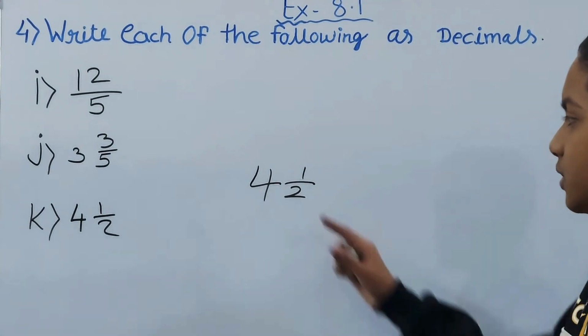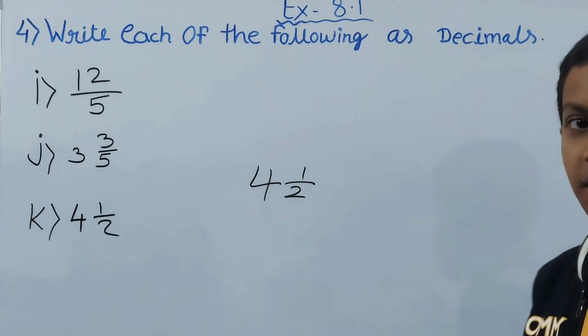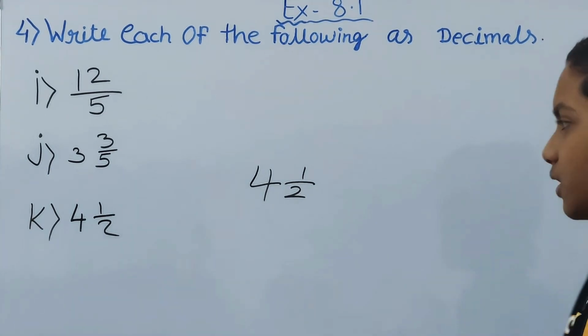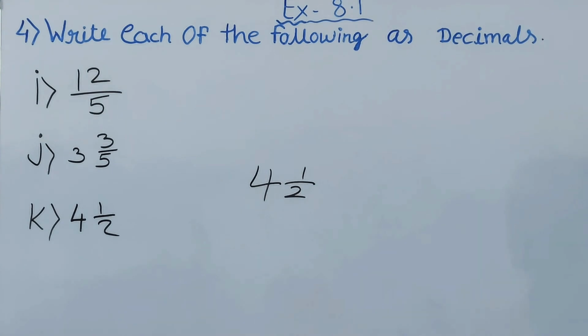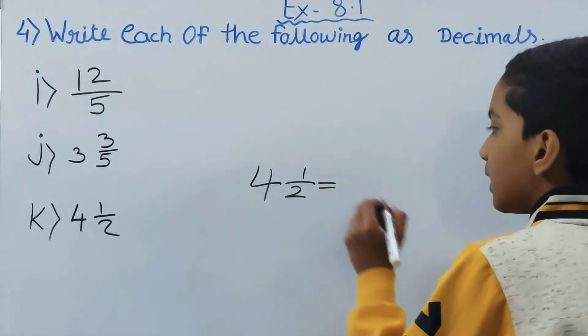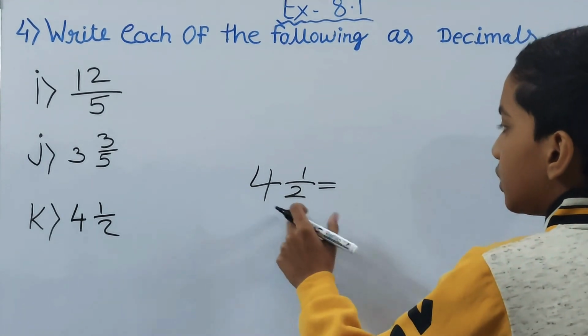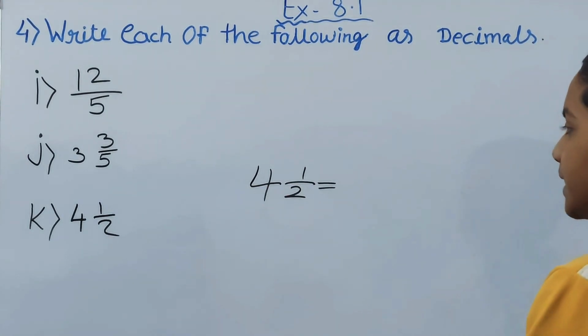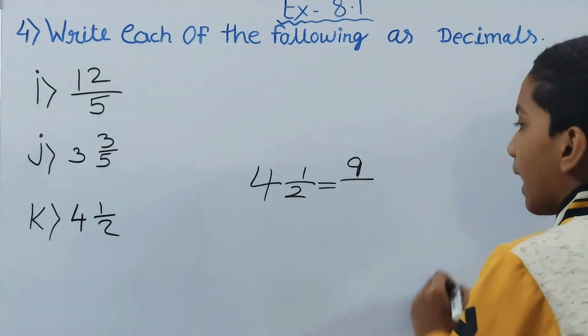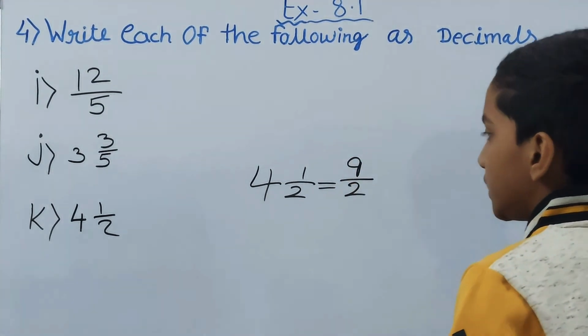If you use the separation method, then also you will get the same answer as in the division method. So let's convert this into an improper fraction. So 2 into 4 is 8 plus 1 is 9. So 9 here and 2 will be in the denominator.